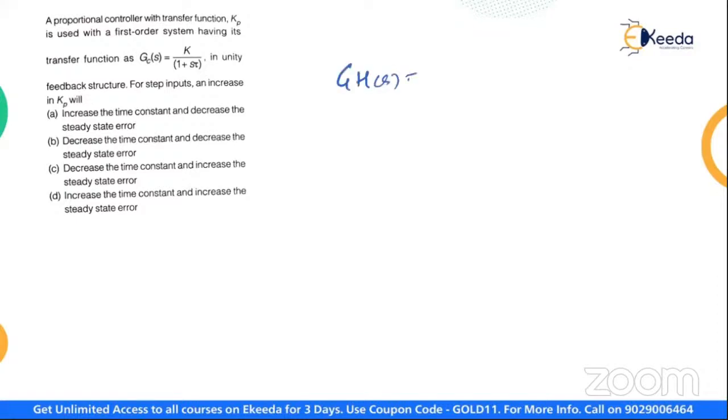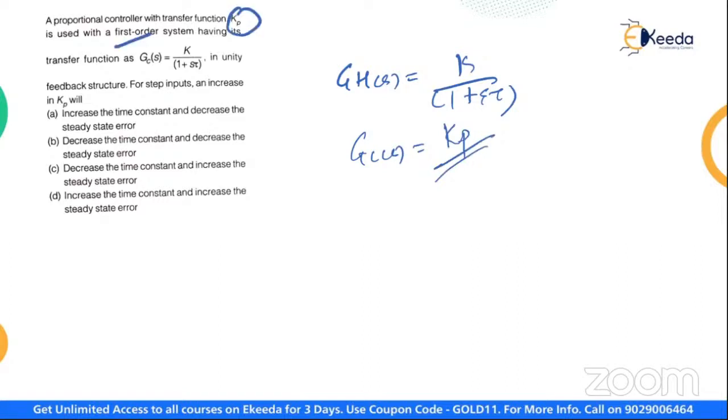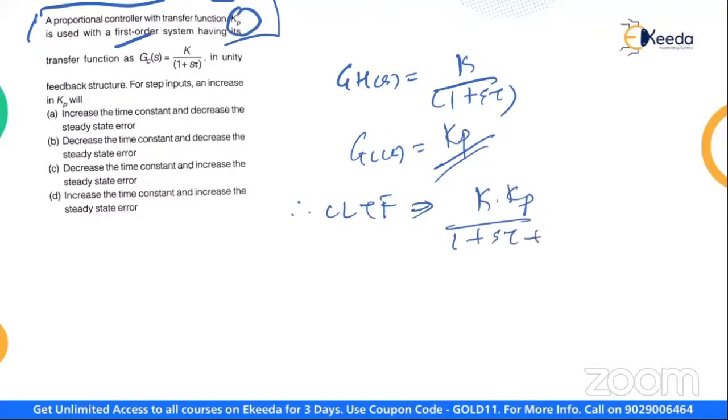GH of s equal to K upon 1 plus s tau, they are given. Correct? Yes. What is Gc of s, the compensator? They have given Kp. Proportional controller means only gain will be there. So what is the closed loop transfer function? It is K times Kp upon 1 plus S tau plus K times Kp. Correct? Yes. Which is equal to how much?